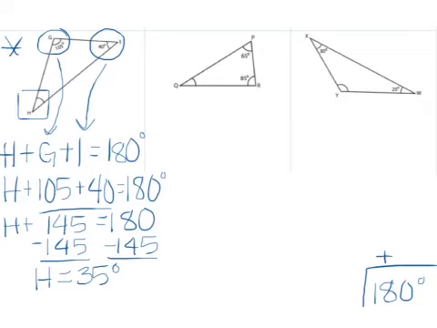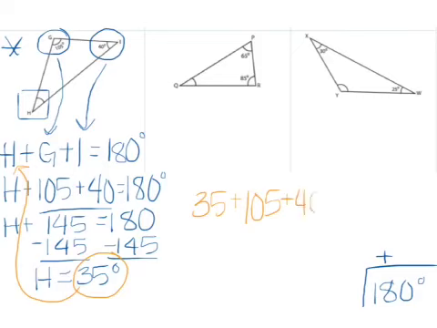What you do now is you add them up and make sure that all 3 angles do indeed add up to 180 degrees. We have 35 for h that we plugged in to our original equation. We have 105 for g and 40 for i.